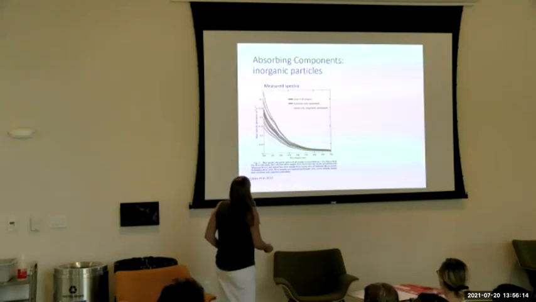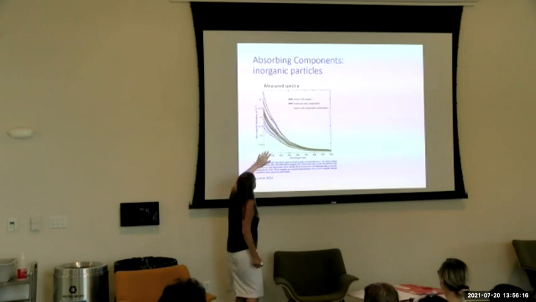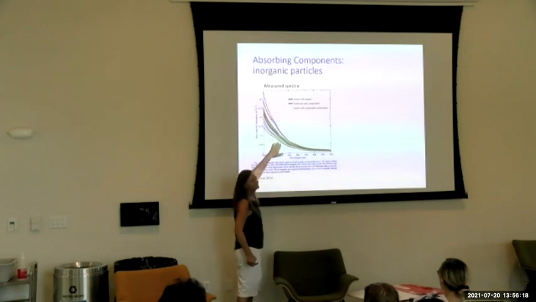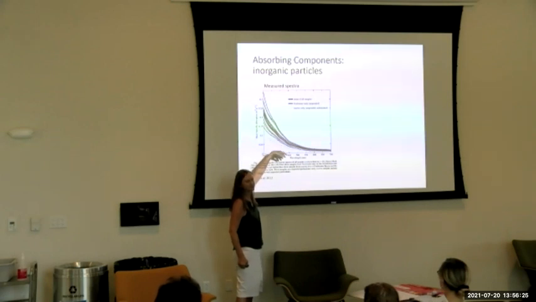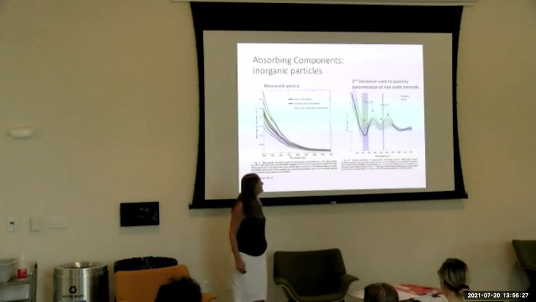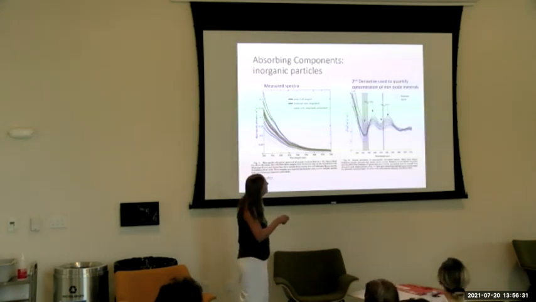But what she noticed, because she's a detail-oriented person, is that there are these little shoulders in there. See those little shoulders? Get very used to shoulders. They're definitely sources of information. So she took the second derivative of the spectra and found that those result in very strong peaks.